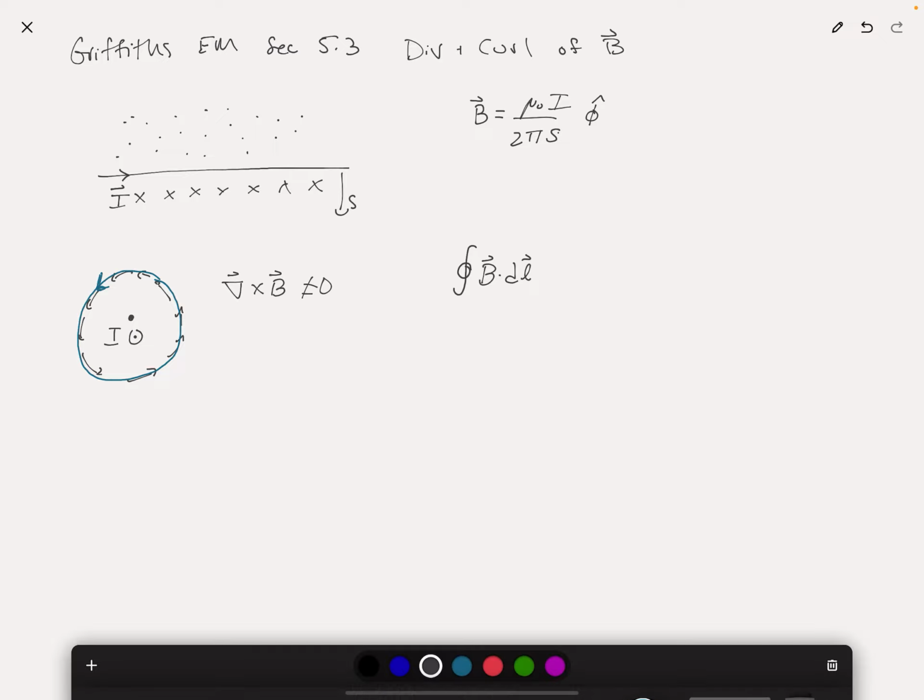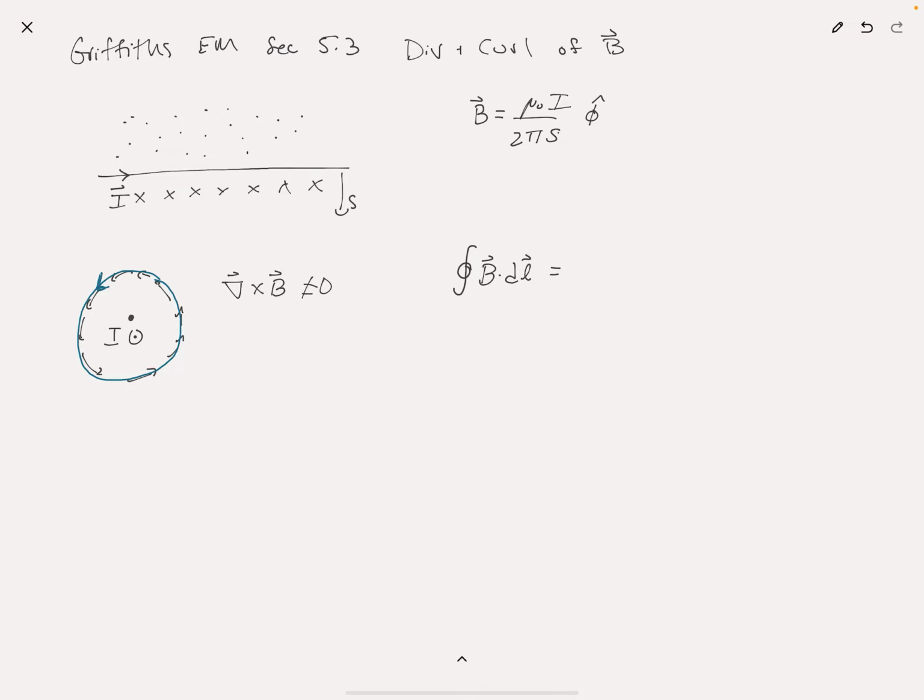So I have this dot product between mu naught I over 2 pi 1 over s in the phi hat with s d phi in the phi hat.